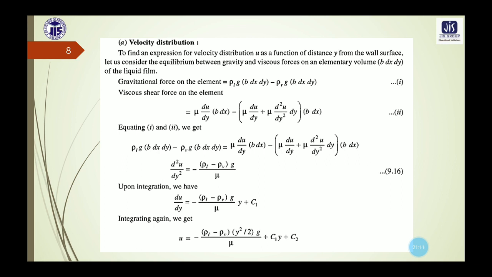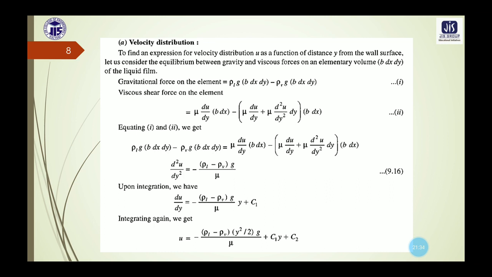So these are the two different equations considering the gravitational force and viscous shear force on the elementary volume of the liquid film, which we have considered in case of this film condensation on this vertical plate.